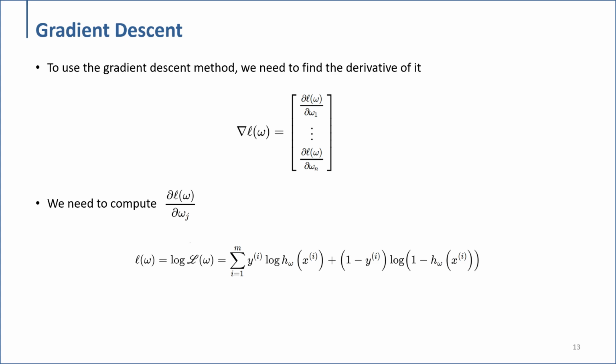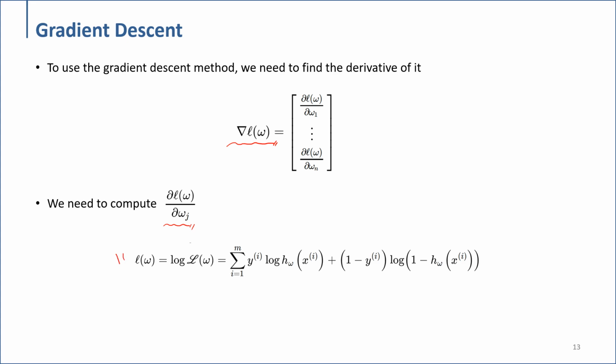In order to use the gradient descent method, we need to find the derivative. We need to calculate the gradient of the loss function, and for that we need to compute the partial derivative of the loss function with respect to the weight values.